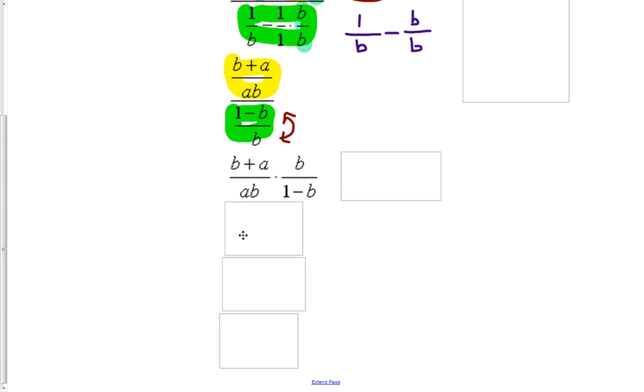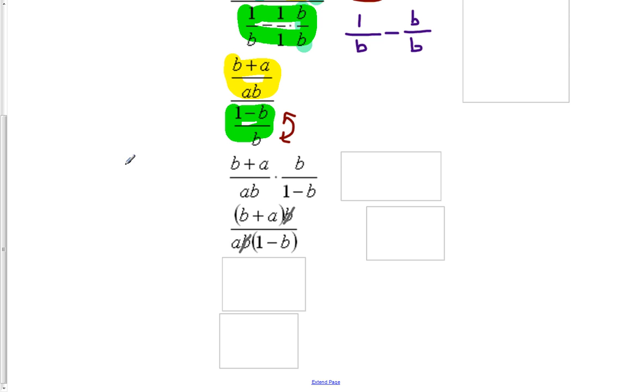Now, to multiply that, we try to see is there anything that we can factor or cancel. The most immediate thing that comes to mind is going to be these b's that are going to cancel out. So once it's written in this form here, where we kind of smush everything together, our b's will cancel out.